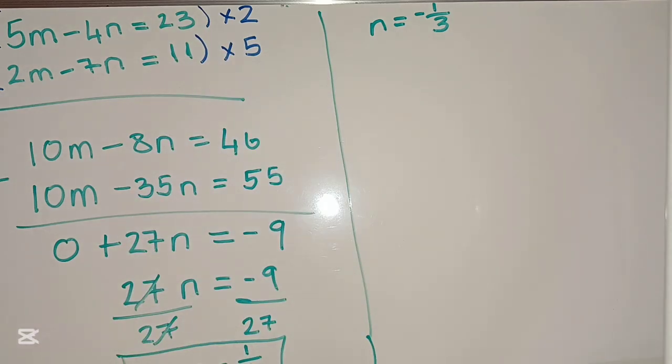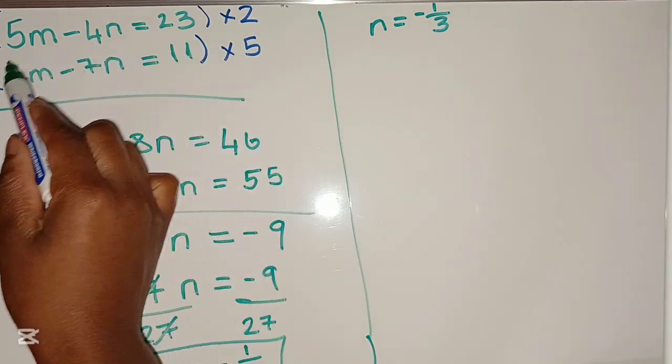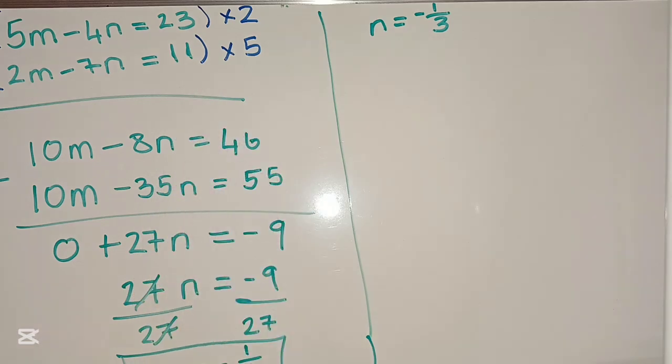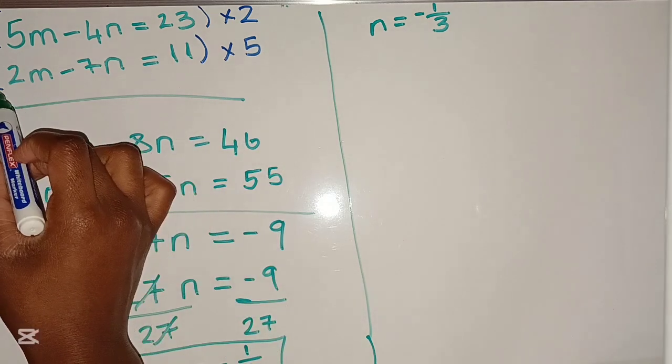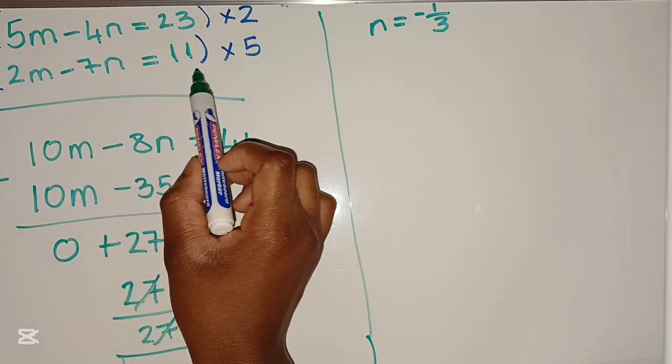So you can substitute negative 1 over 3 in either the first equation or the second equation. I'm going to substitute it in the second original equation, which is this one.